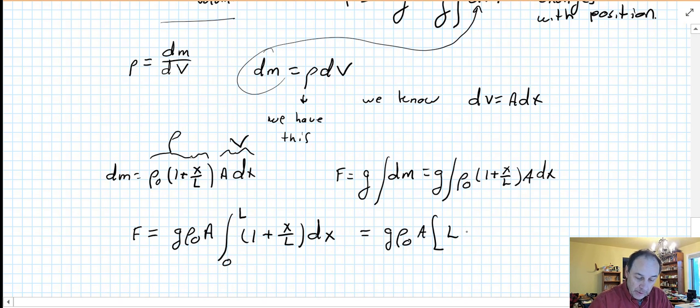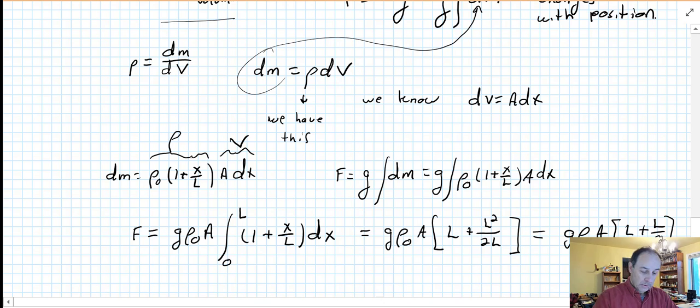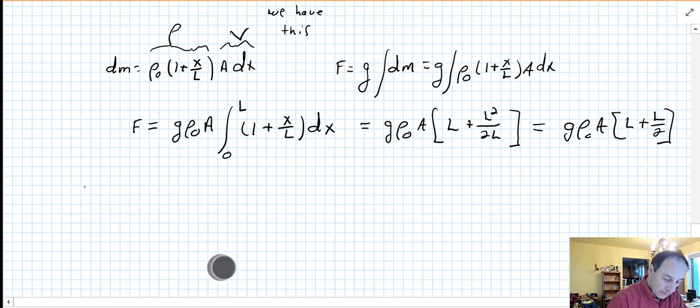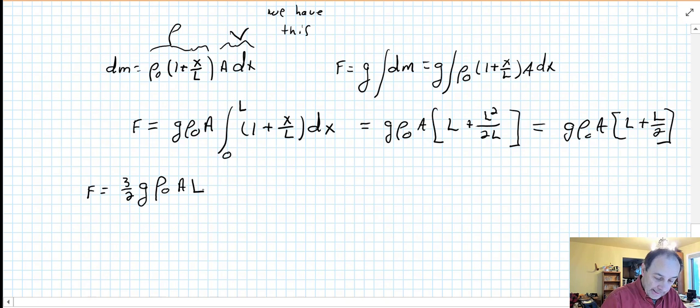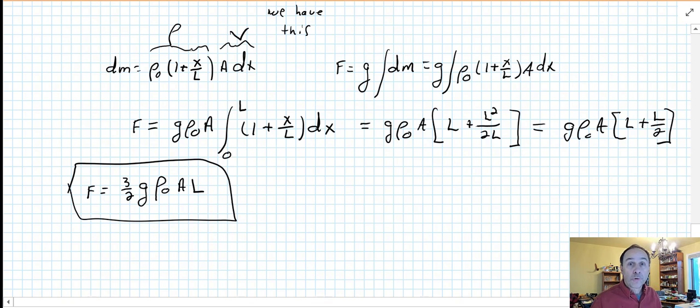This is going to be L from the integration of just 1, plus L squared over 2L, equals g rho 0 A times L plus L over 2. So the force equals 3/2 g rho 0 A L. We found the total load.